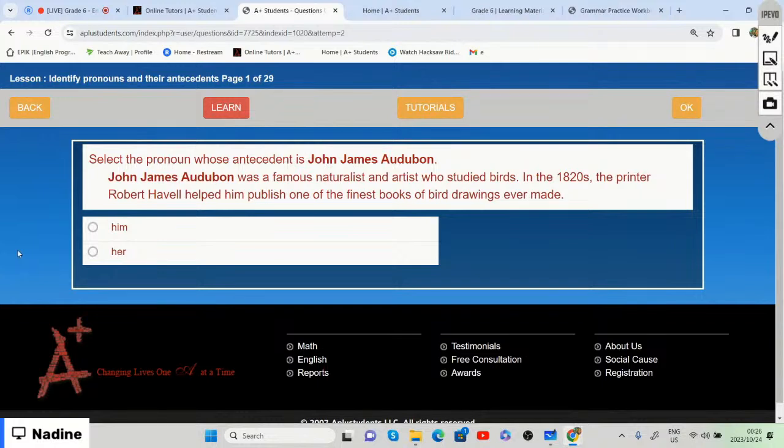And John James Audubon is the antecedent. All right, so if we select the pronoun, we need to either select him or her. Is John James Audubon referring to a him or a her?